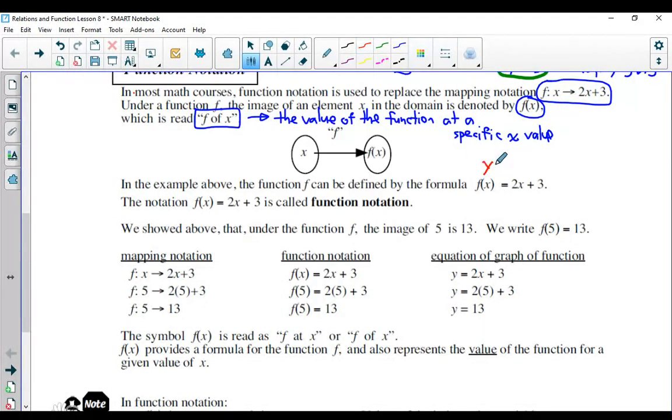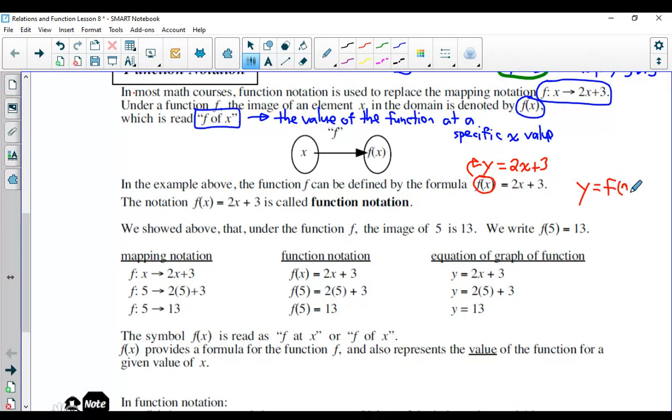So we wrote down y is 2x plus 3, but in function notation, f of x, this means what's the value of the function at a specific x value? Well, that's actually the value of y. So it turns out we can use these two interchangeably.